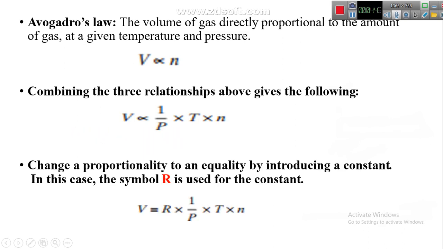Then we can say V is equal to R multiplying by 1 over P, multiplying by T, multiplying by n.